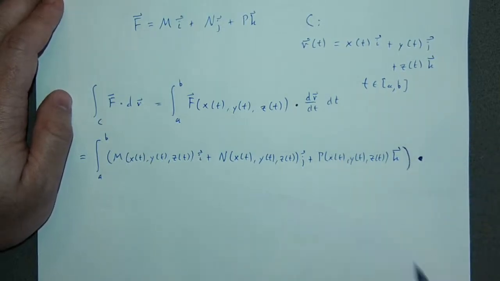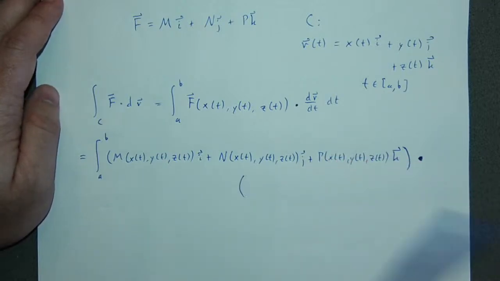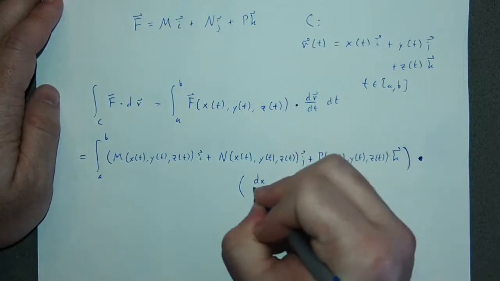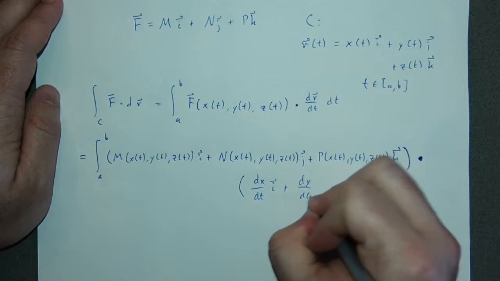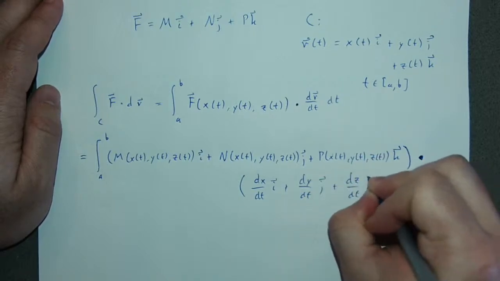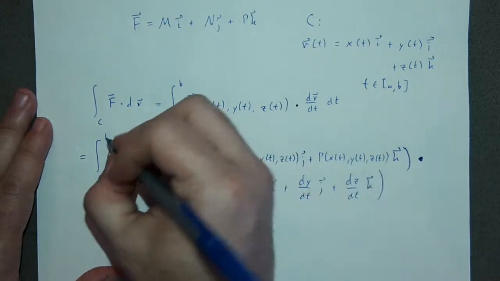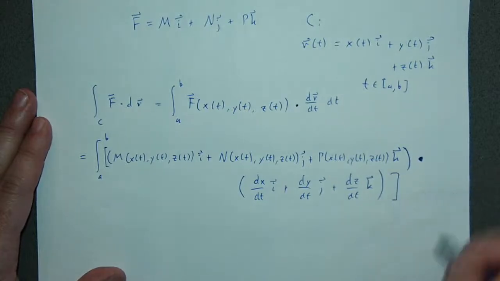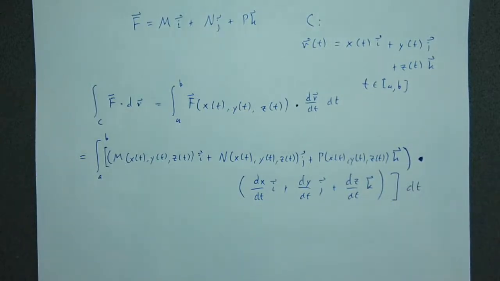So this dot continues on to the next line because I don't have enough room to write it. I'm dotting that by the vector dr/dt, which I'll just write as dx/dt i plus dy/dt j plus dz/dt k. Okay, and after I've computed that dot product, that is just some big function of t, and I'm computing the integral from a to b of that thing with respect to t.